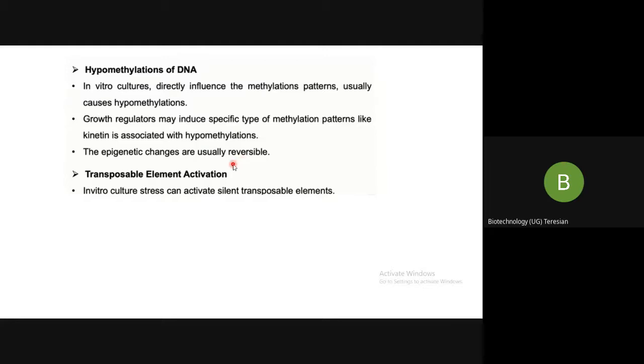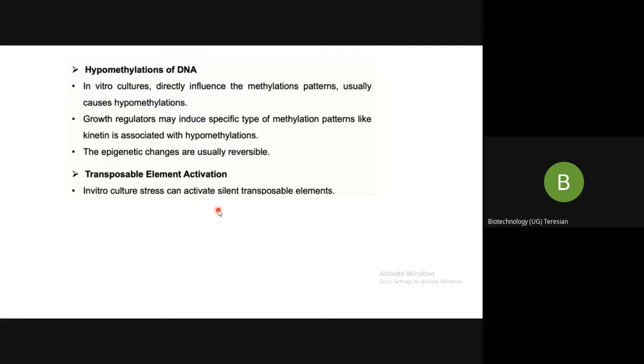Then we have transposable elements, which we spoke about. In vitro culture stress can activate silent transposable elements. They are sitting silently, but because of the stress, that particular DNA segment is activated. I've already explained it, so you can go back to my slides from the previous class and see it. Your plant is facing so much stress, and like in humans, when we undergo stress, it automatically affects our body.